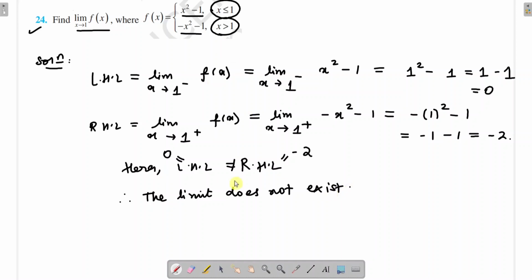Okay, so this is the answer. So this limit x tends to 1 f(x) does not exist. So we can write it here. This limit, limit x tends to 1 f(x), does not exist.